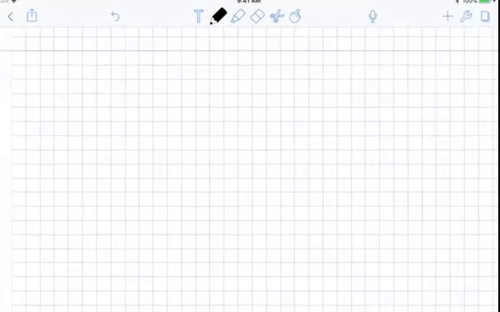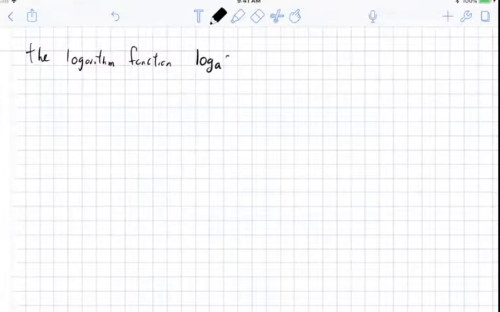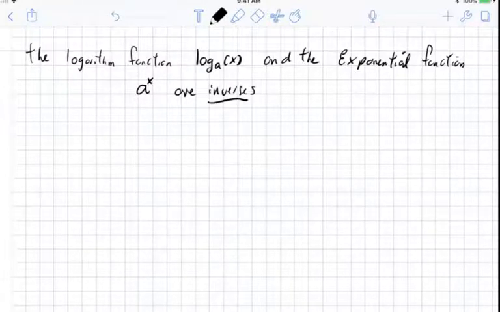Let me write this out a little bit more formally. The logarithm function log base a of x and the exponential function a to the x are inverses of one another.